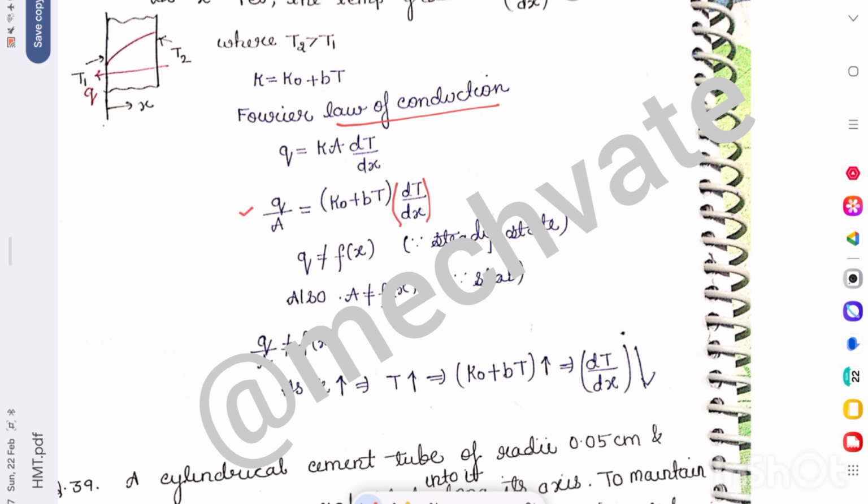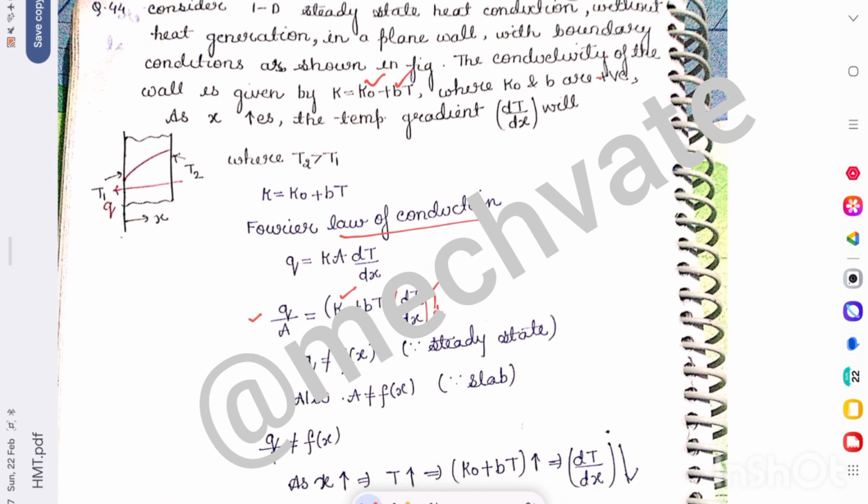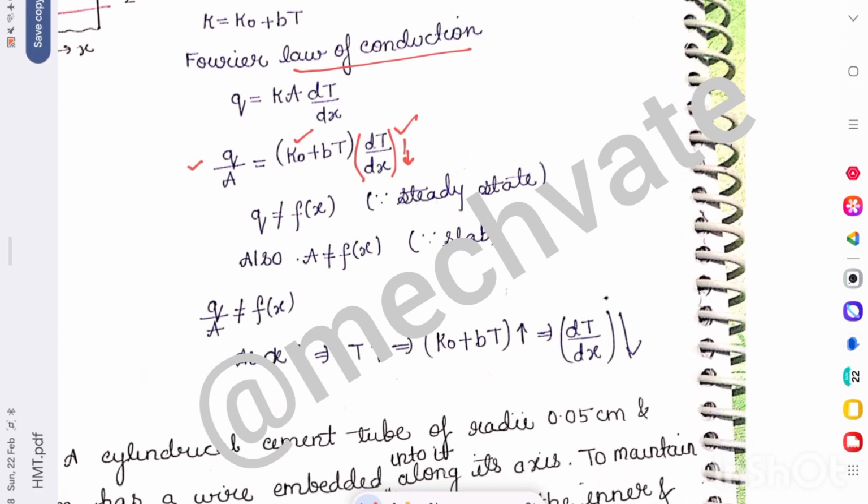If k varies with dT by dx, and k is k naught plus beta t, if t increases, k increases, so dT by dx decreases to keep the product constant. And if x increases, then t increases, and so as x increases, the temperature gradient will increase. If x increases, temperature will increase.